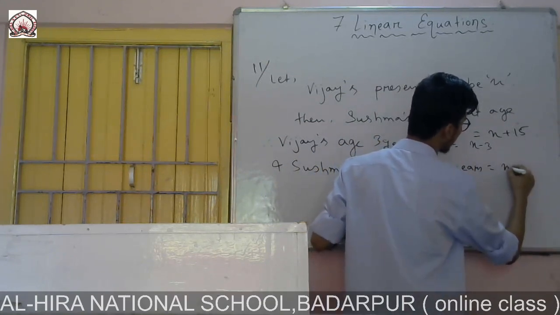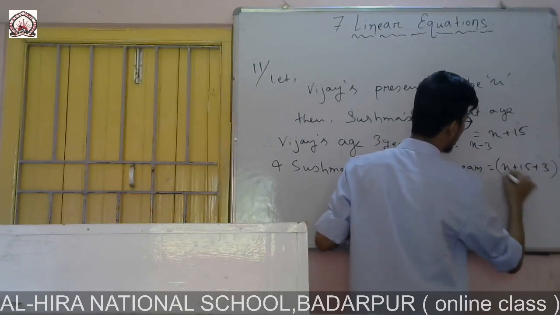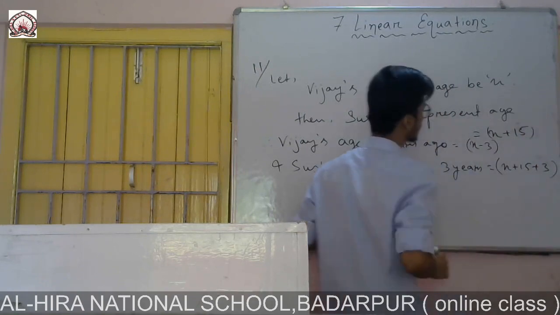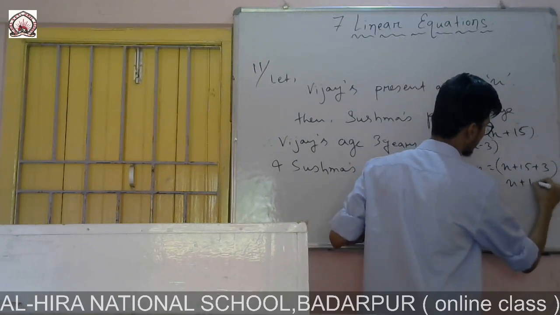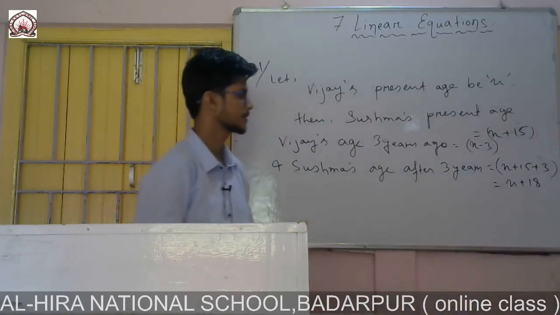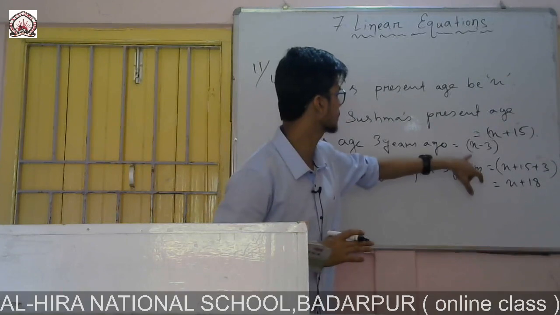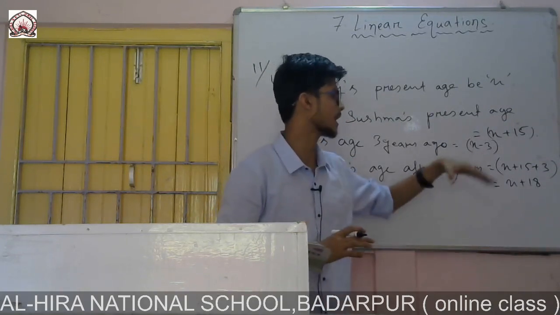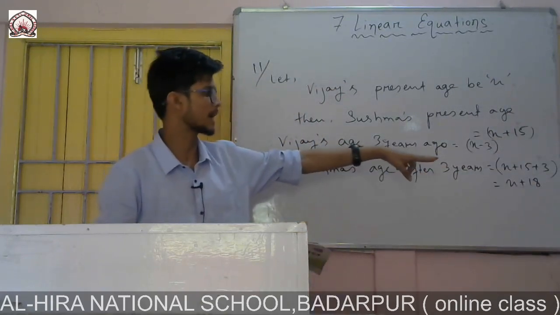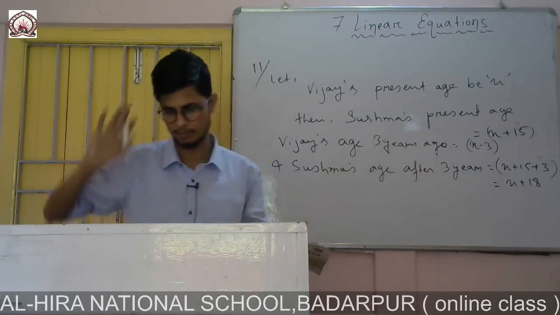It was x plus 15 and I will add 3, so it will be x plus 18. So this was Bijay's age 3 years ago, and this will be Sushma's age after 3 years. So I will add 3 there and subtract 3 here, because ago means I have to subtract to go back.